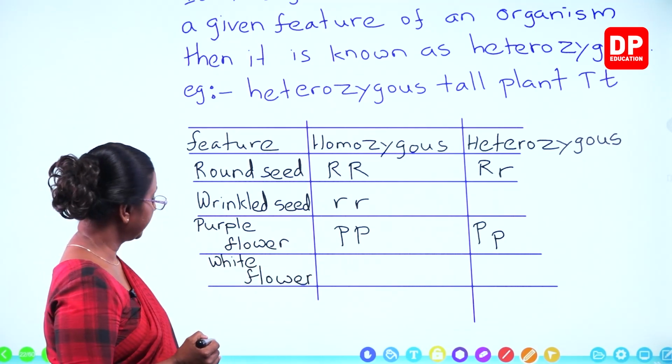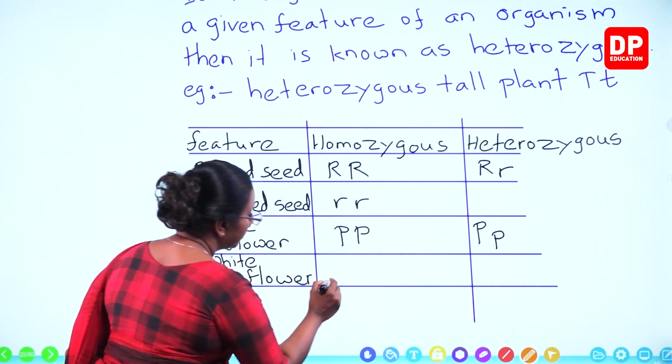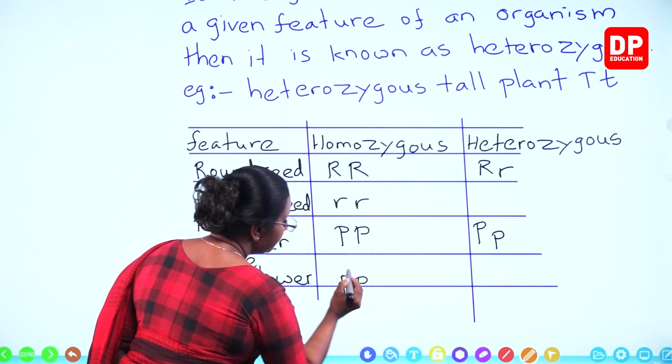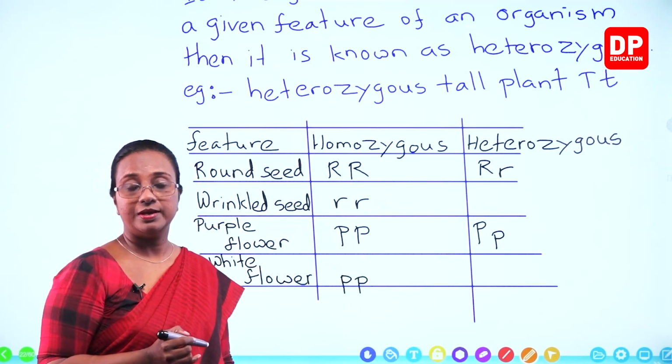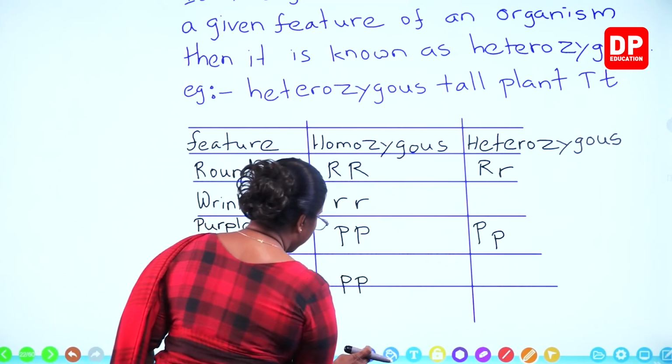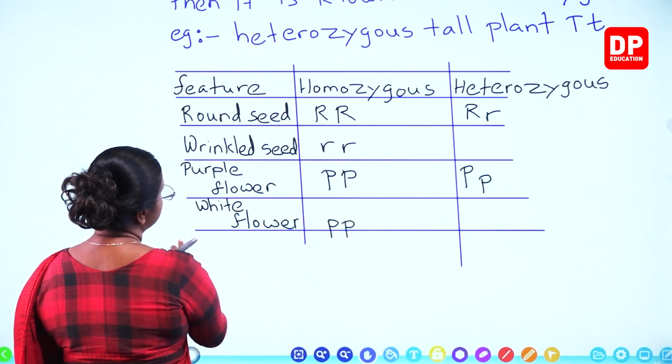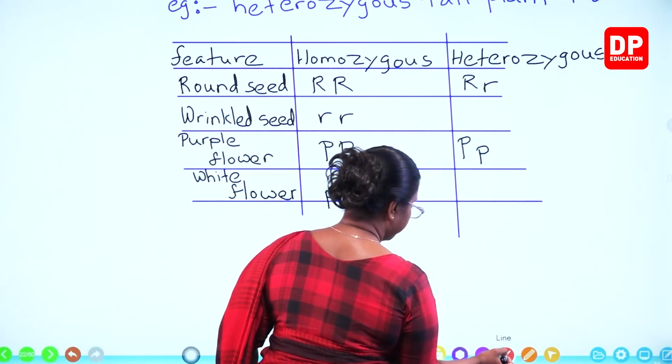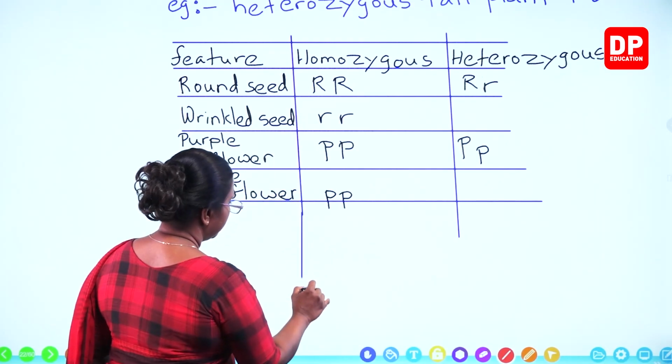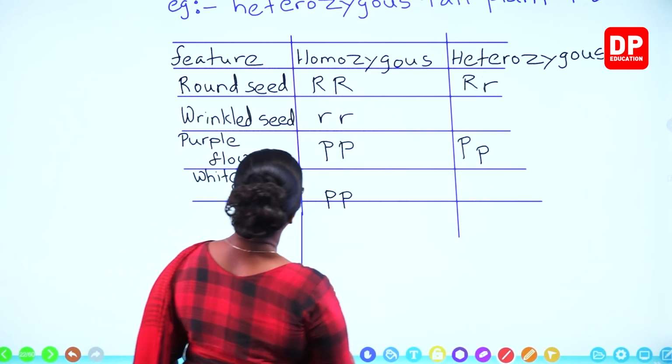Why? It's the dominant character. But white flower, only the simple P situation. Now if we look at a few more characters, a few more examples.